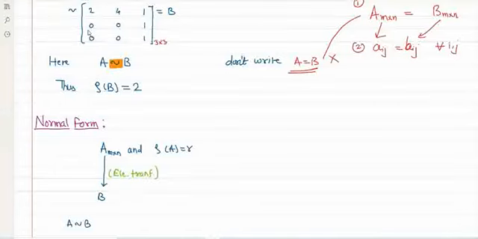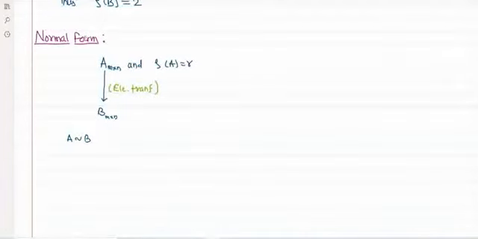So the elementary transformations include row as well as column. Particularly, this matrix B can be reduced to the form [I_r 0; 0 0].